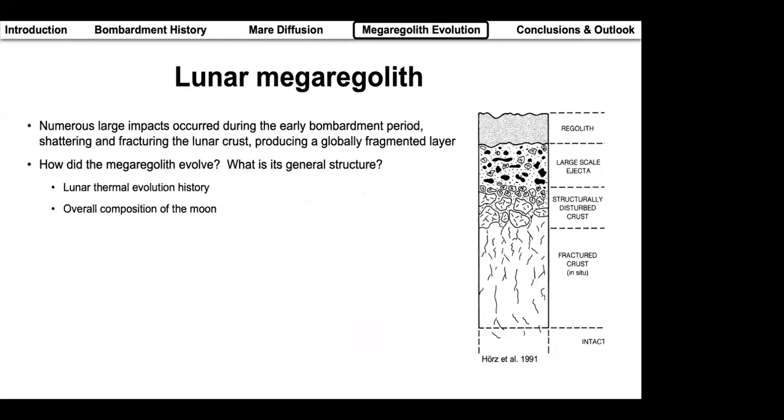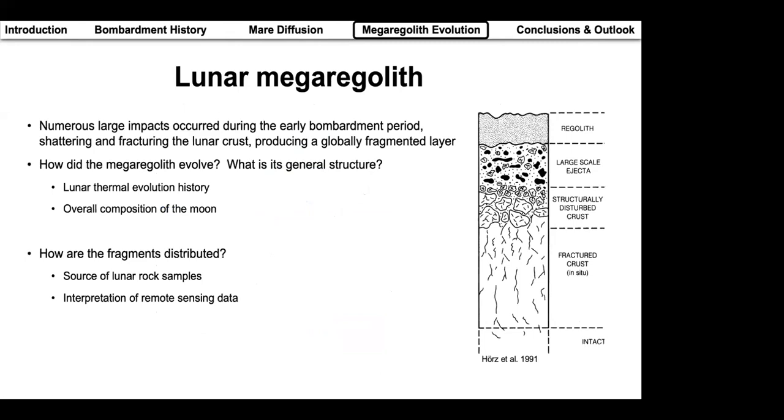Another key thing is the size of fragments. Why do we care about the size of fragments? Because the fragments in the megaregolith are the main source of the rock samples. These fragments in the megaregolith are also helpful for interpreting remote sensing data.